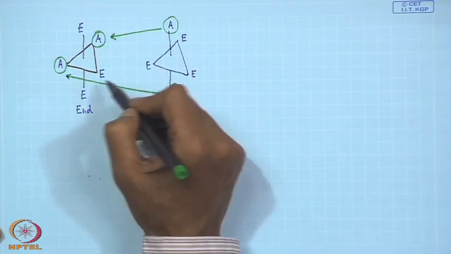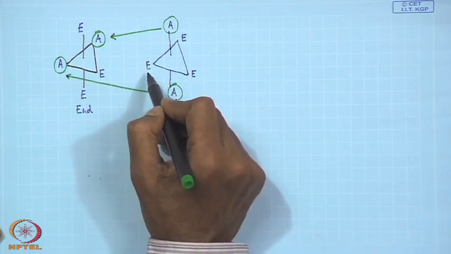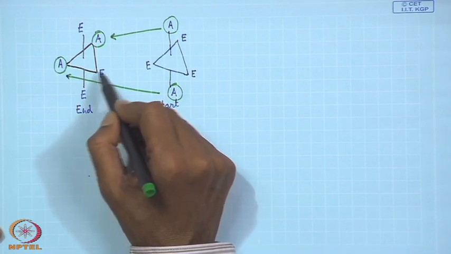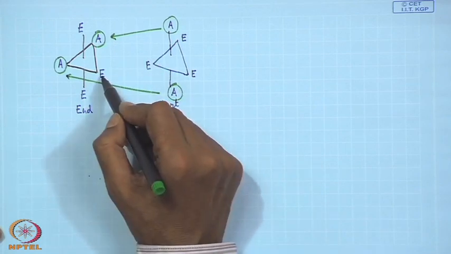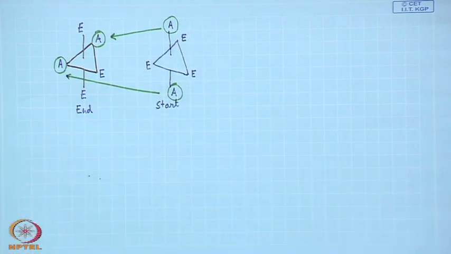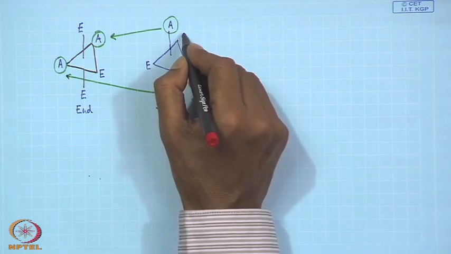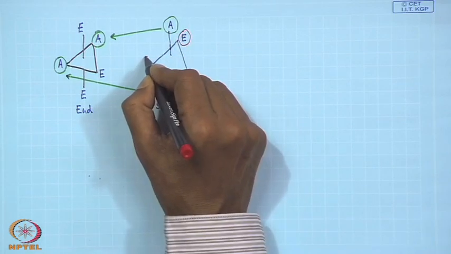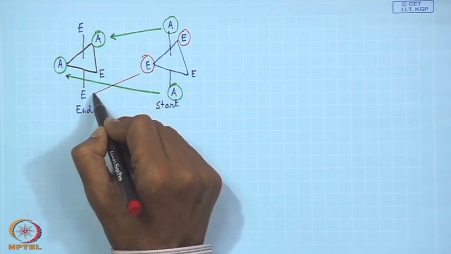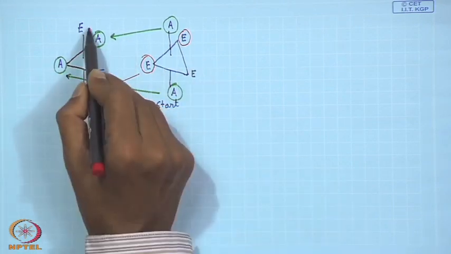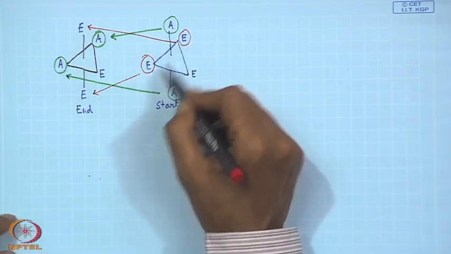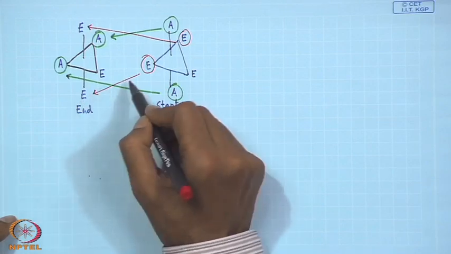Similarly, these E groups which were in the equatorial plane, one is still there, that is one of the E groups is still present in the equatorial positions, but two other equatorial positions, say this position and this position, are moving. So, this E is moving here and this A is moving here. So, these equatorial positions have now changed to the axial positions.